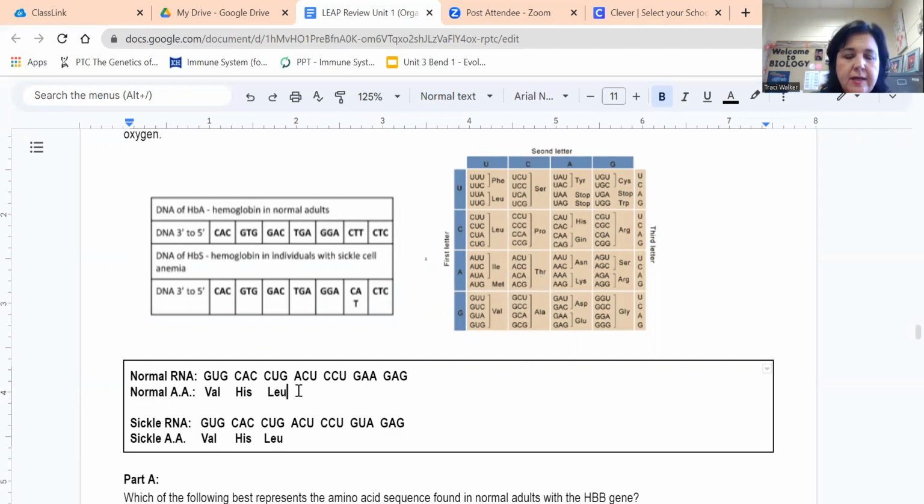So I can put that in both places because they are the same. CCU, so C is my first letter, C is my second letter, CCU is proline. And I can put that in both places.